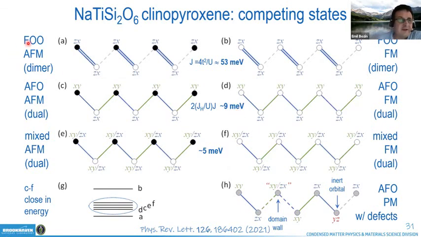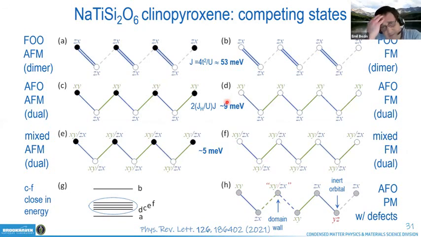So you have a ferro-orbital ordered structure, which is the ground state, and it turns out that the singlet-triplet excitation corresponds to an energy scale of about 50 meV. And then one can also consider an antiferro orbitally ordered version, in which the magnetic excitation corresponds to an energy of about 9 meV.